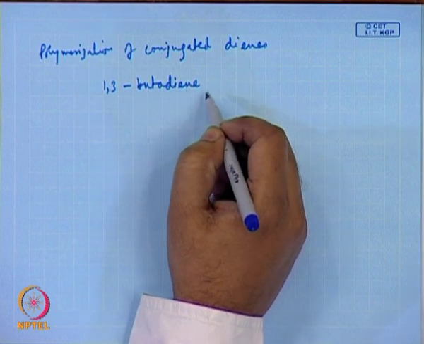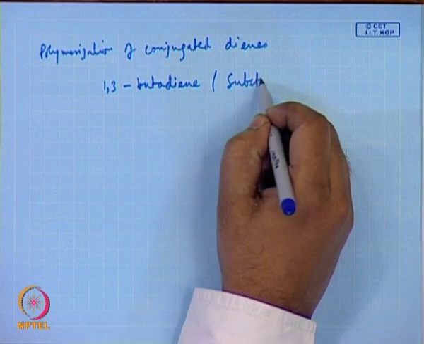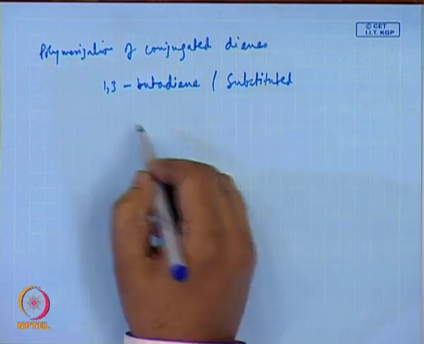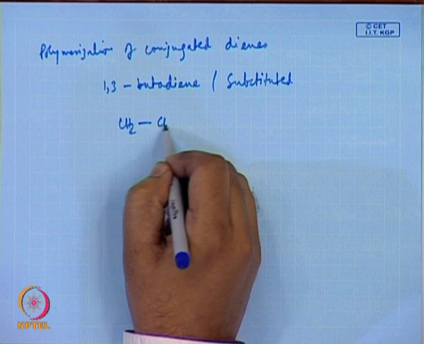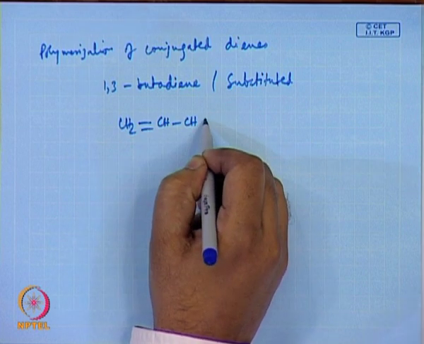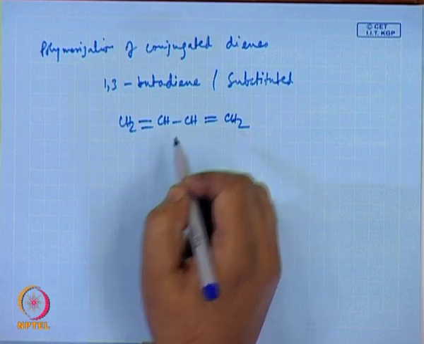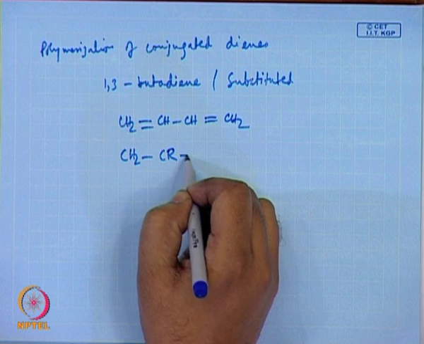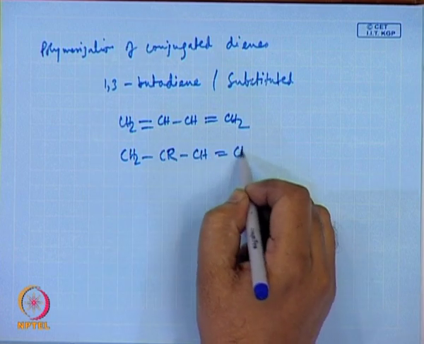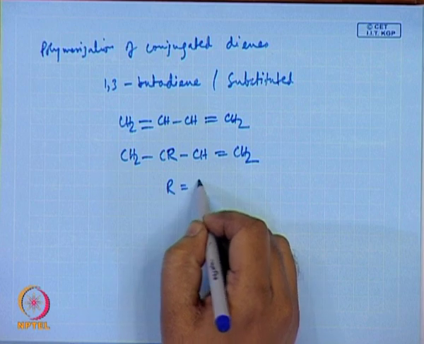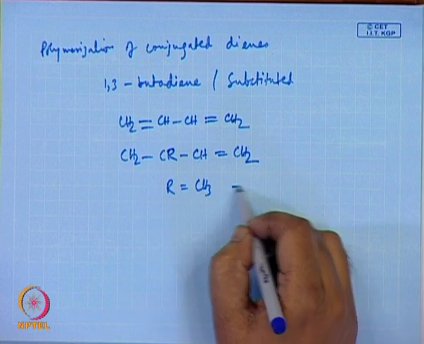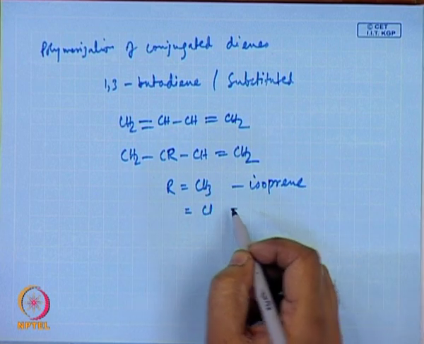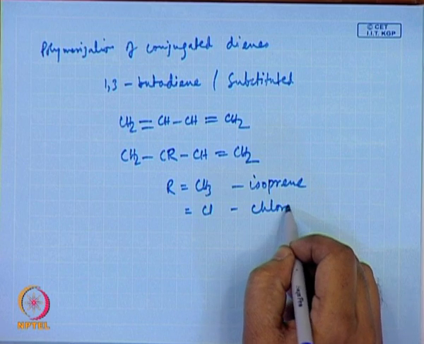Now, you can have substituted 1,3-butadiene as well. We can write a general formula like this, or if it is substituted, we can write R instead of H. If R is CH3, then it is isoprene. If R is chlorine, then it is chloroprene.